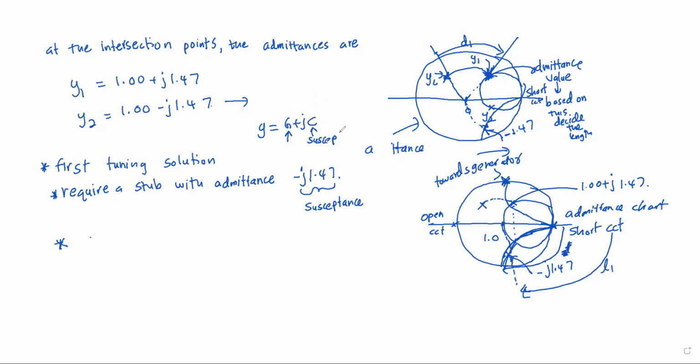So the admittance value consists of conductance and susceptance. The real part we call conductance, the imaginary part we call susceptance.